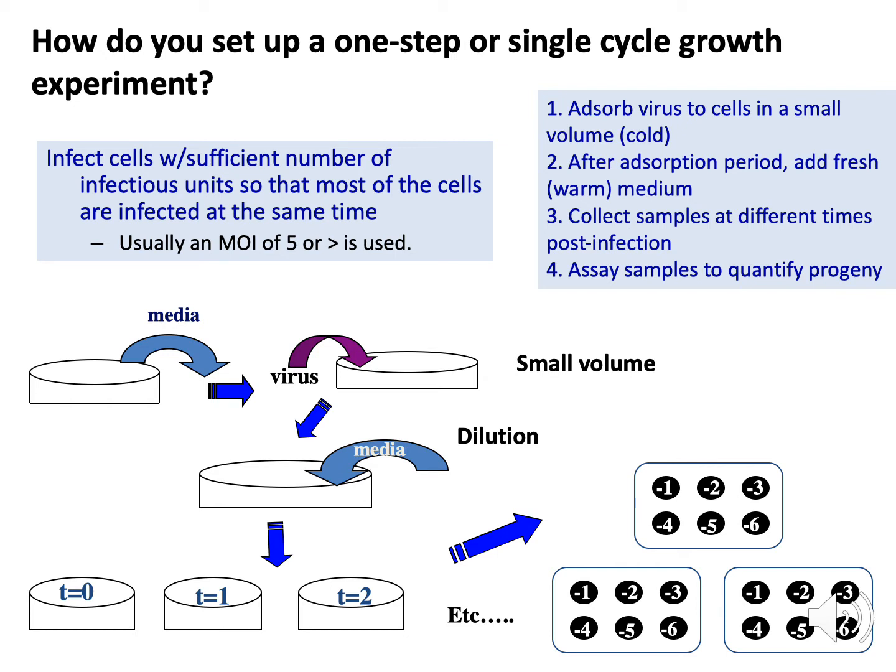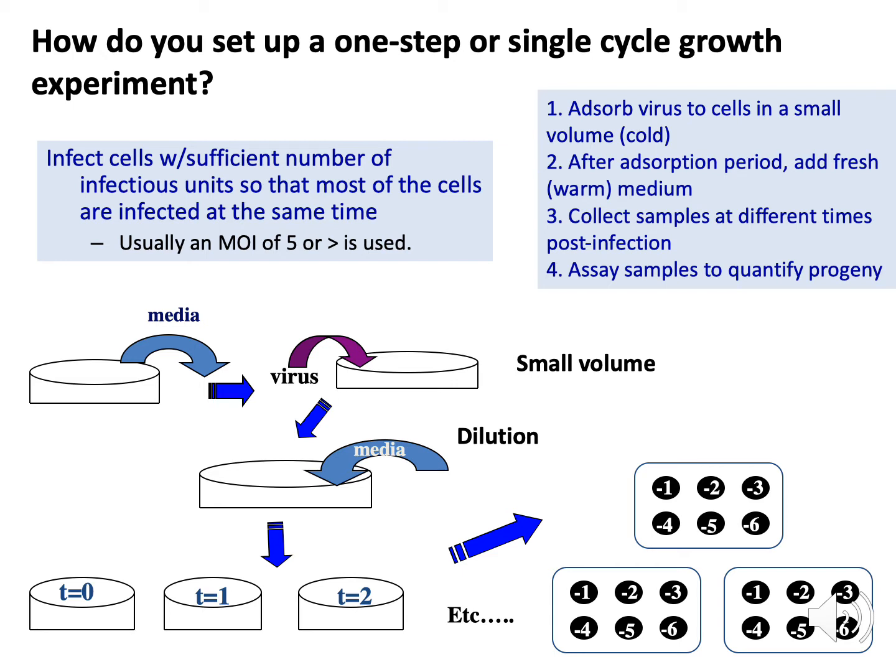And then maybe in another part of the cell, another one would go in a little bit later. So without halting viral entry by keeping the membrane not fluid, cold at 4 degrees, it wouldn't be synchronous. Things would be happening in an ongoing manner.